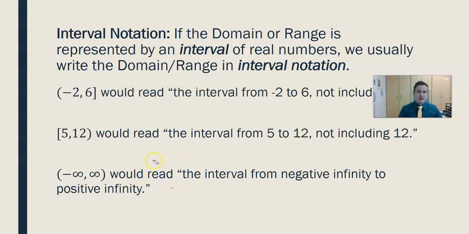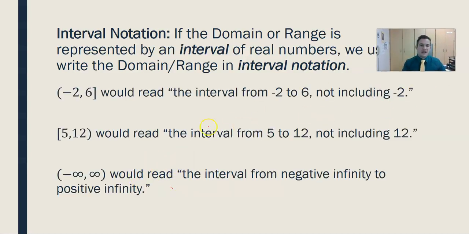So, for example, if I wrote something like parentheses -2, 6, that would read the interval from -2 to 6, not including -2. When I see a parentheses, that means that value is not included. If I see this bracket, that means that value is included.